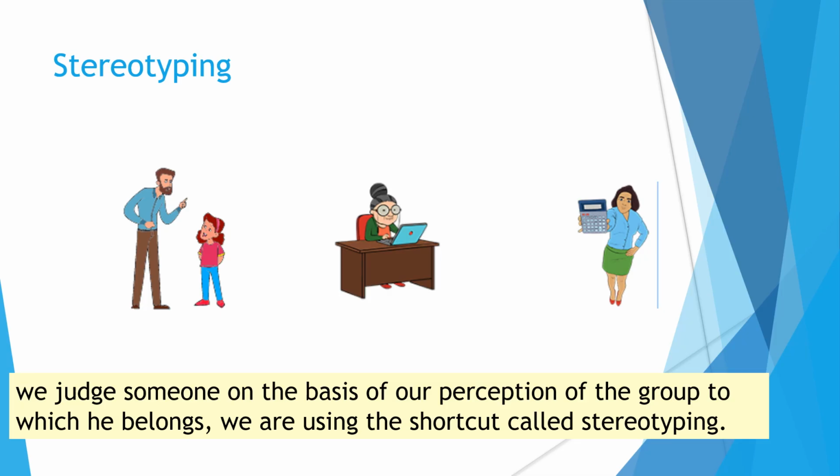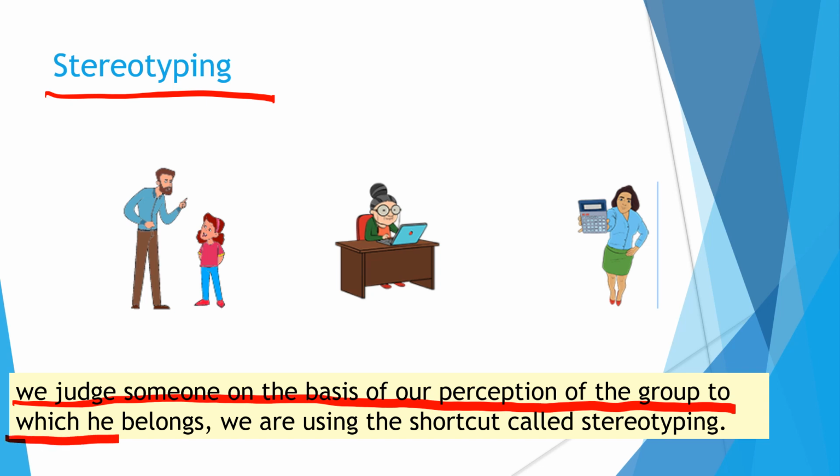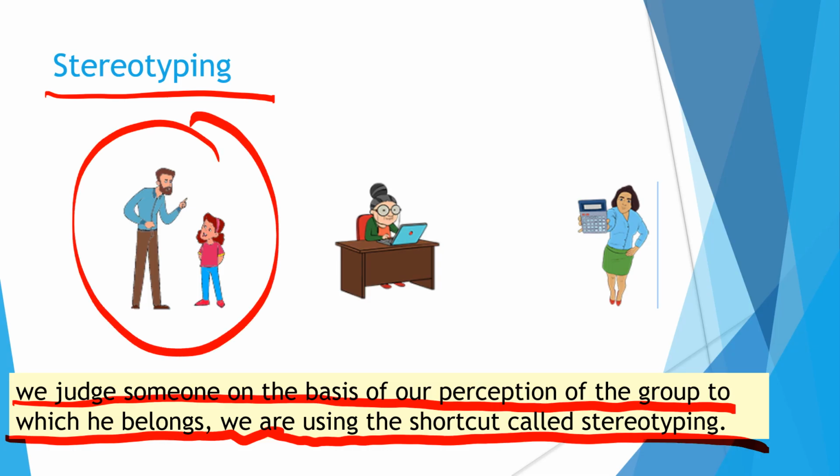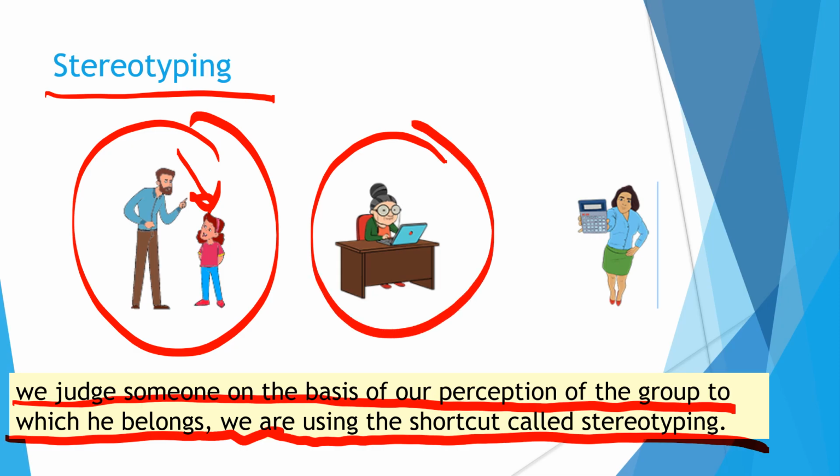Now let's talk about stereotyping. As given in the slide, we judge someone on the basis of our perception of the group to which he belongs. We are using a shortcut called stereotyping. Stereotyping is basically when we say that men are not interested in child care. See, there is a man who is scolding the child or telling something. Then, old workers cannot learn new skills.